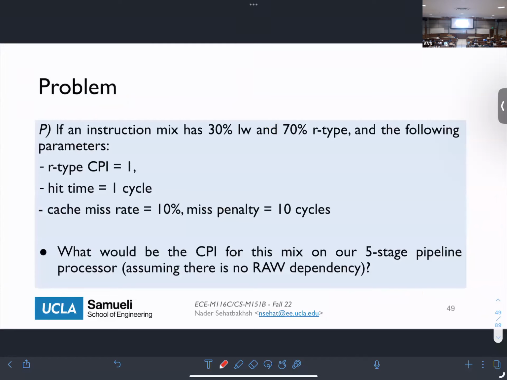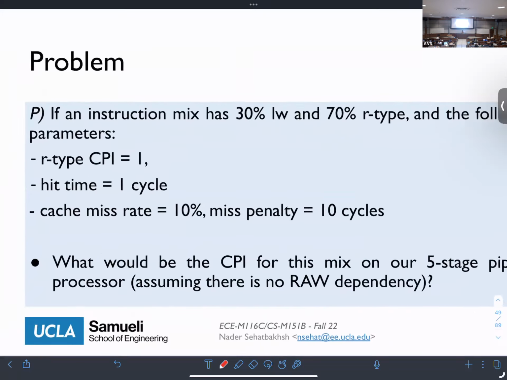Let's see if you can actually find a time for this example. The key is that you need to find the average access time of your cache first, which is the time it takes to access the cache, and then factor that in with your CPI.